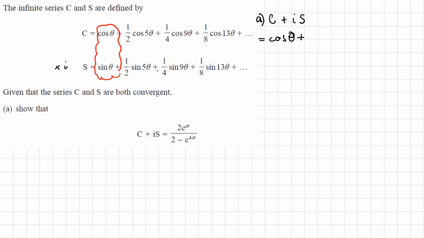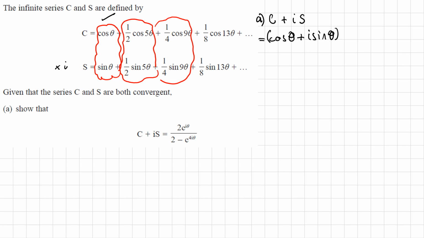They seem to go in pairs because the number in front is the same, and the powers of theta are the same. Because these all get multiplied by i, I've got cos theta plus i sine theta. So that's the first two grouped together.